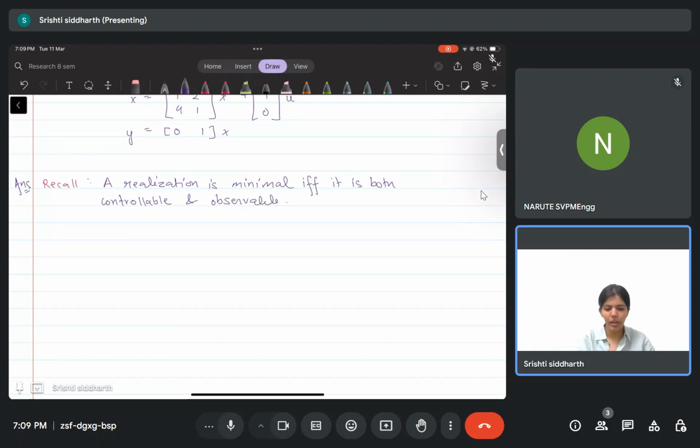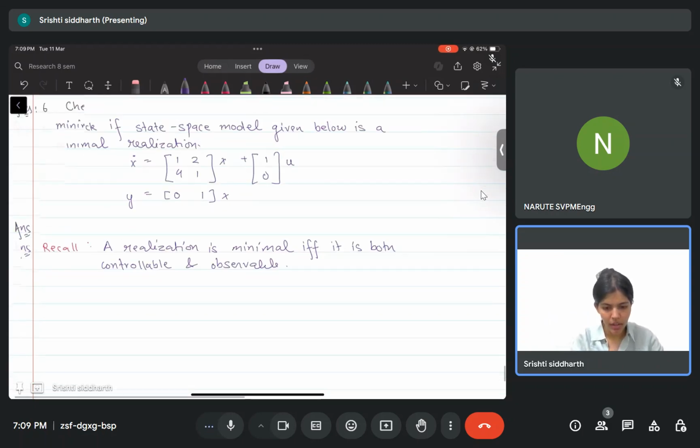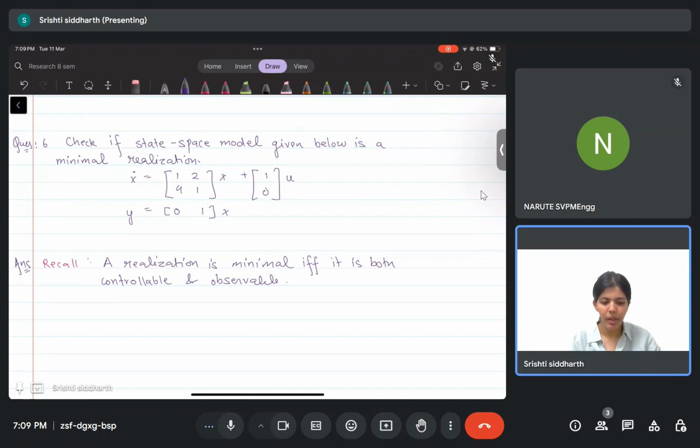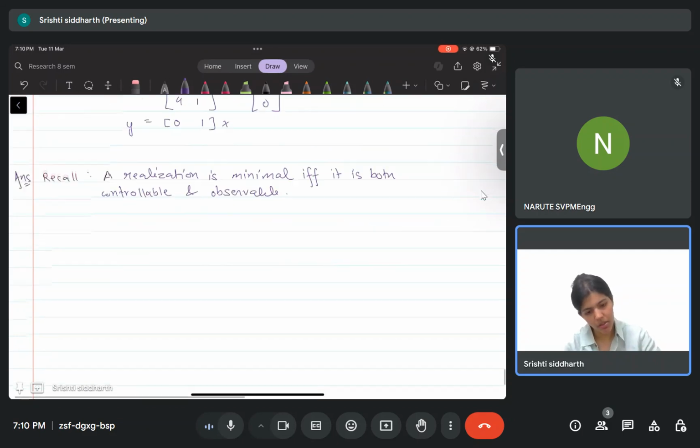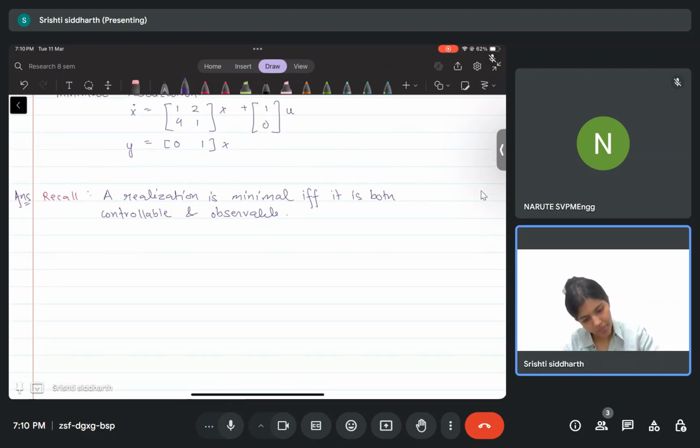It's simple, right? If we have been given that this realization is minimal, we have to verify this by checking the rank of the controllability and observability matrices. So let's quickly check these. The controllability matrix C is B and AB. Of course, n equals 2.